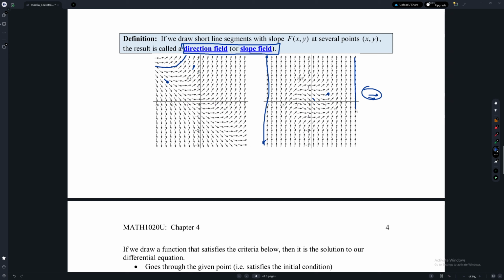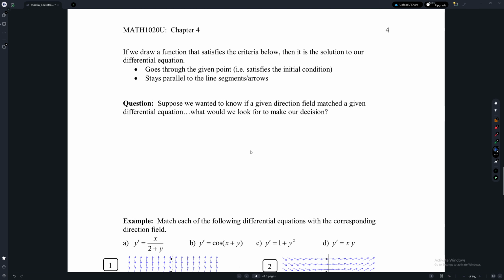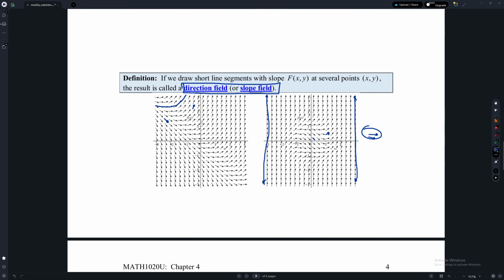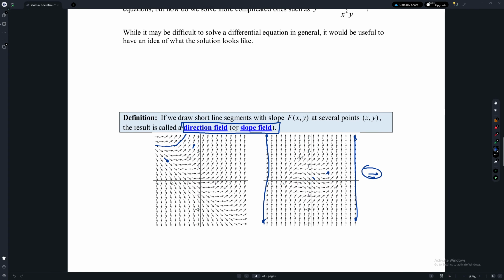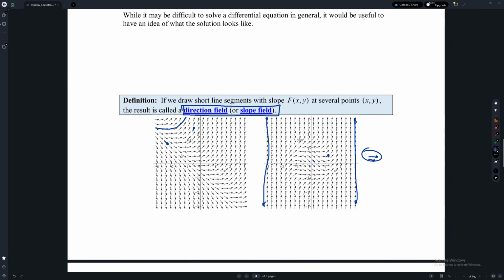There's two vertical asymptotes here, and that's that. Pretty simple. I'm not going to go too much into it because you just follow the arrows. There's nothing much to learn from this. It says it's a direction field or slope field, so each arrow is a slope.